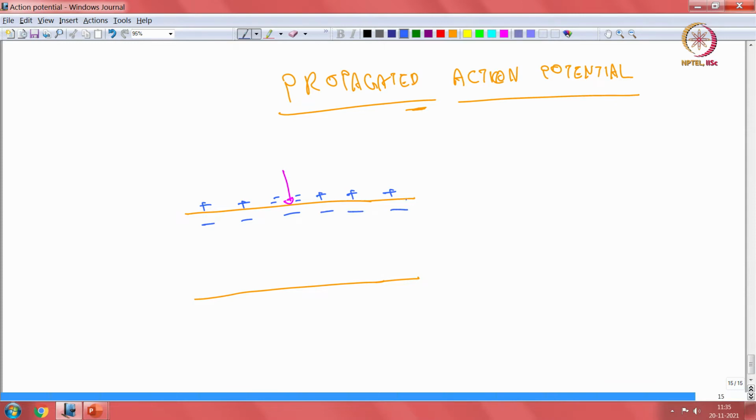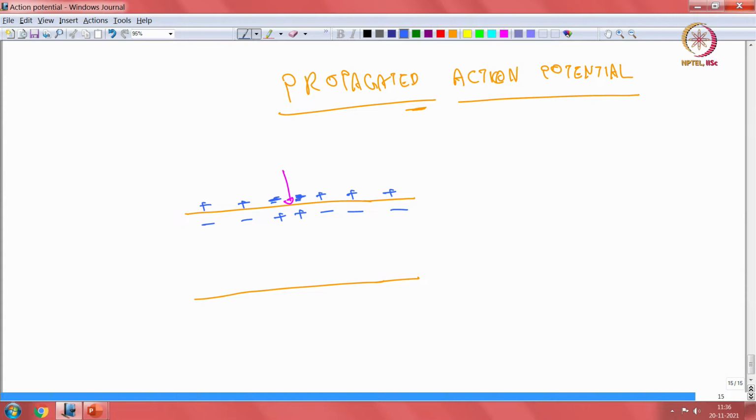So the action potential is locally generated: sodium comes in, and that causes a local change over the potassium, and a local change on the outside also.